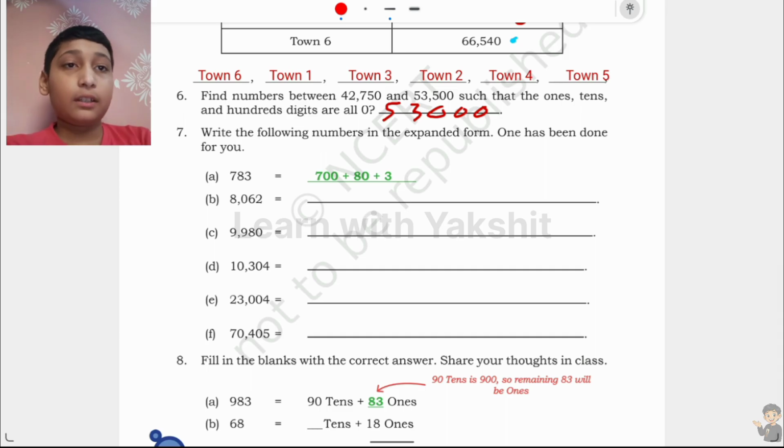Like this example, there's the 700, here the 7, then the place value is 700, then this is 8, then this is 80, because this is on the tens place, and then this is 3 on the ones place that has just 3 alone.